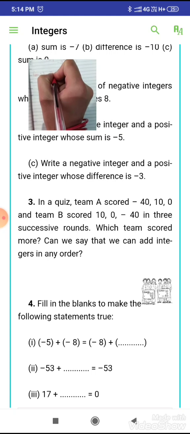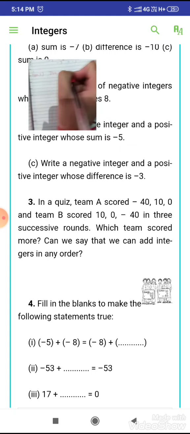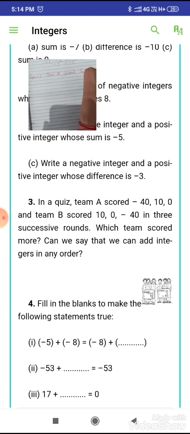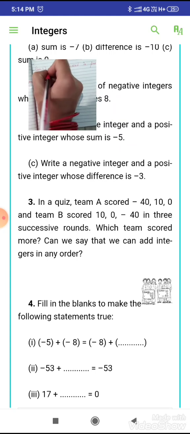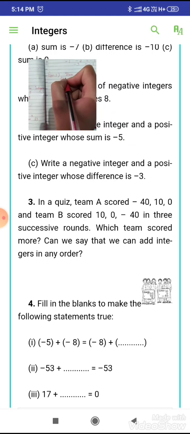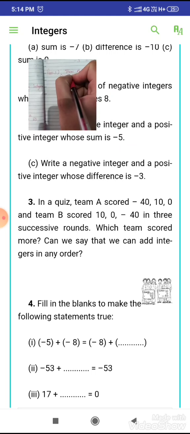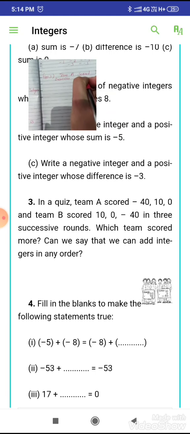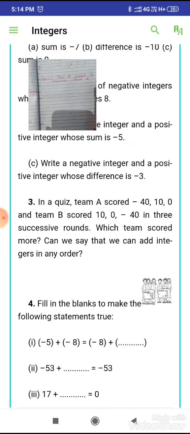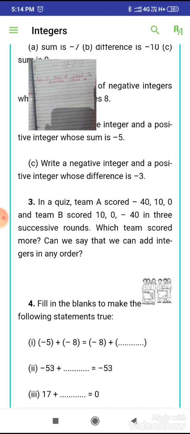Team A scored in 3 successive rounds -40, 10, 0.